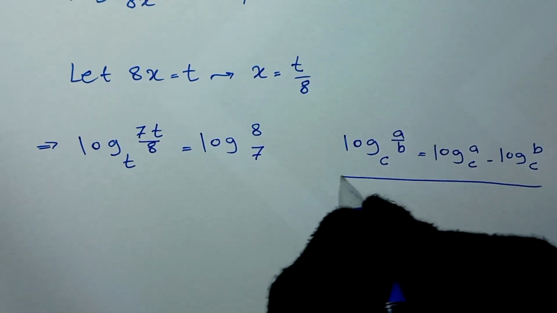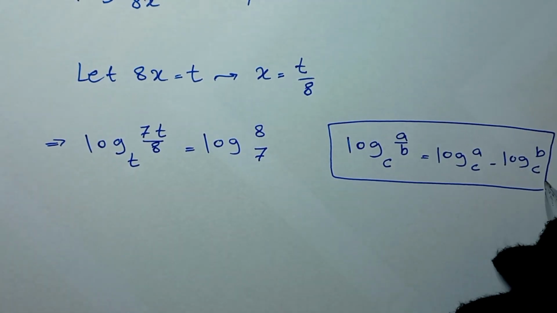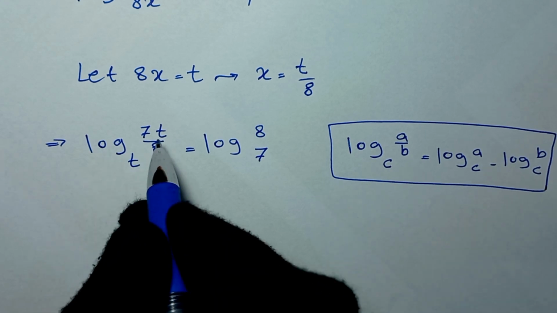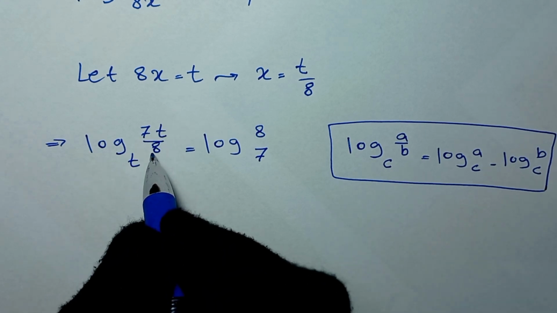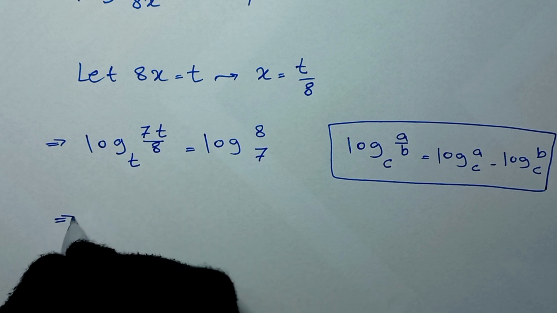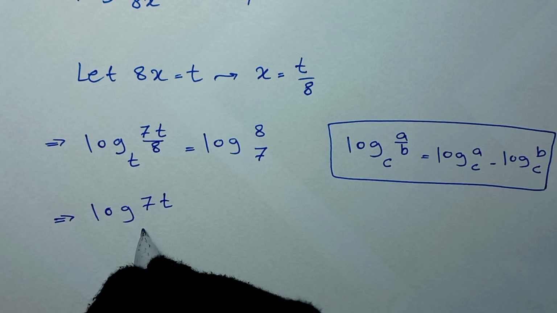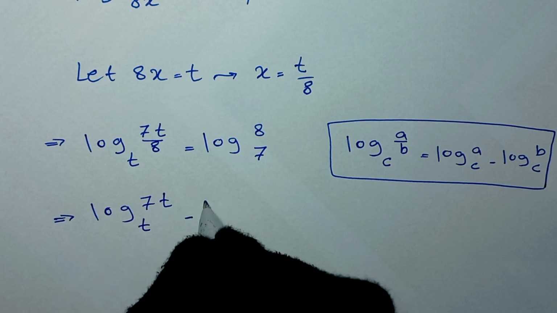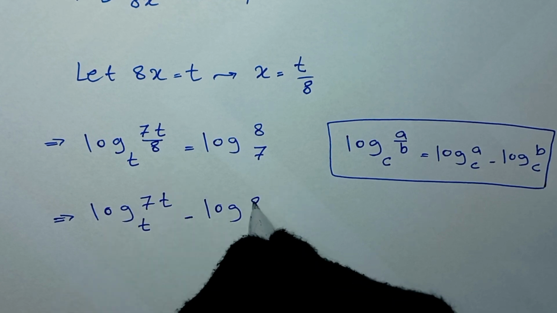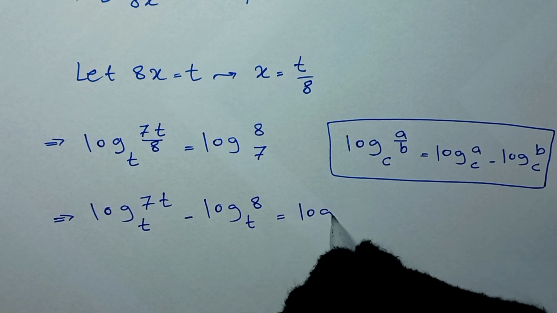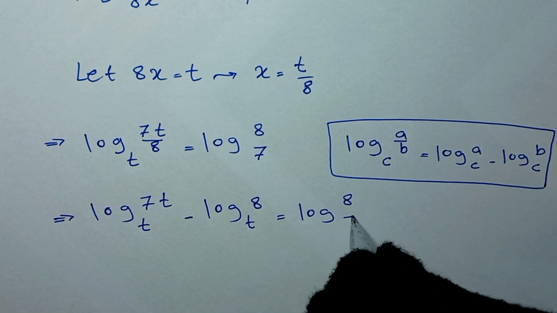So from this formula in here we have log of 7t over 8 to base t. So we can write this as log of 7t to base t minus log of 8 to base t, right? This is equal to log of 8 to base 7.